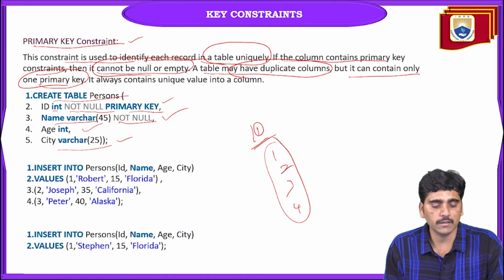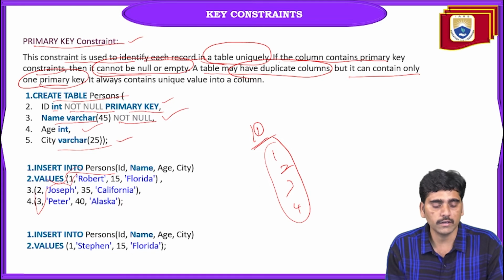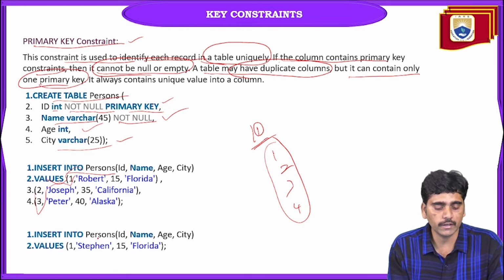We'll see an example. Suppose we insert into persons, ID, name, age, city, the values 1, Robert, 15, Florida, and the IDs 1, 2, 3. And suppose you enter 1, Stephen, 15, Florida.